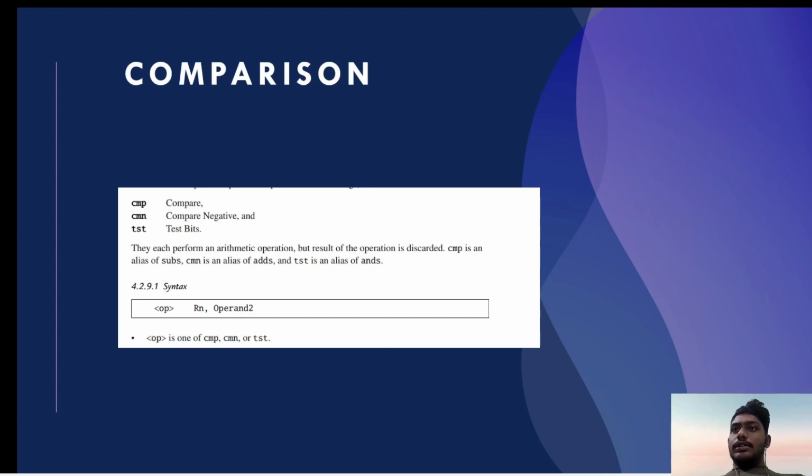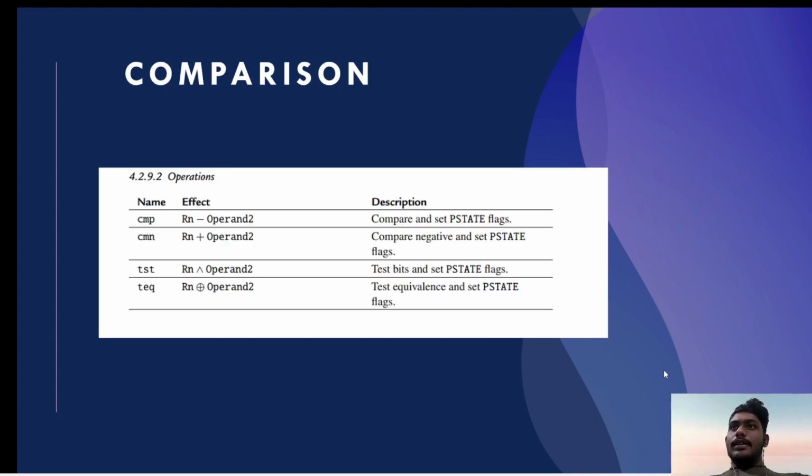An AArch64 translation of the C program uses a CMP instruction to test whether or not the input character is a match, and a conditional branch instruction to implement the do-while loop. As we can see, we have compare and set present state flags, compare negative and set present state flags, test bit and set present state flags, test equivalent and set present state flags.